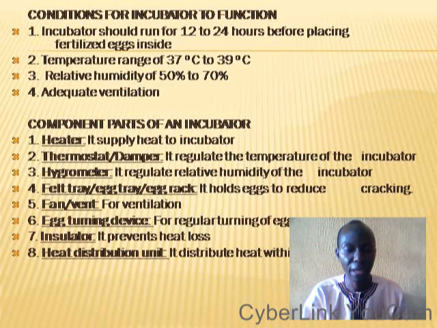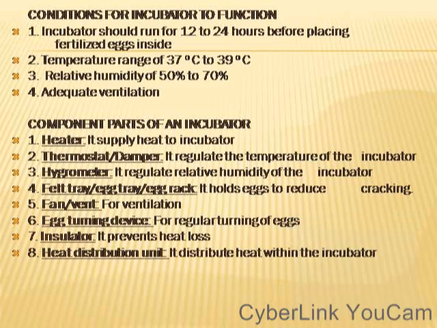We also have the egg turning device. The egg turning device is used for turning of the eggs, because if you do not turn the eggs, the heat will not circulate around the egg. All right. So the next one is the insulator.